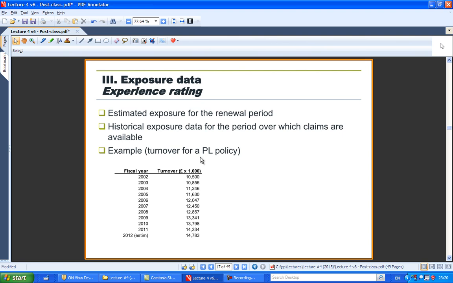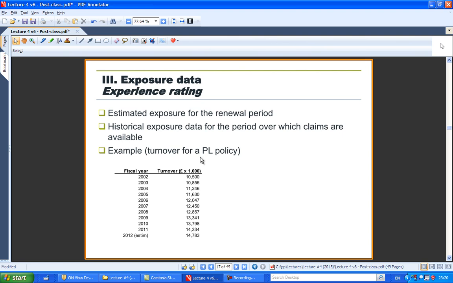Now, you need the exposure for that year. In this case, the exposure is turnover, and you also need the turnover for, let's say, around 10 years of past claims. You need the exposure for all the years for which you have claims.